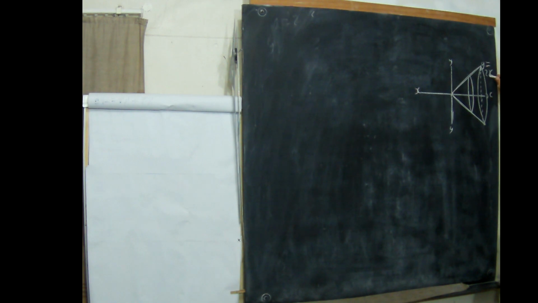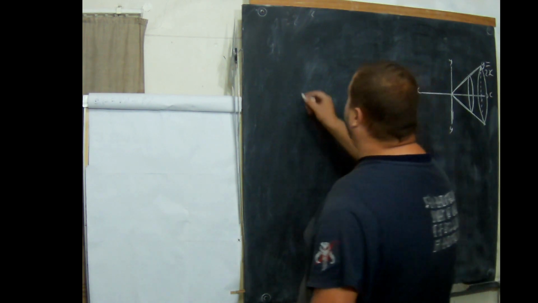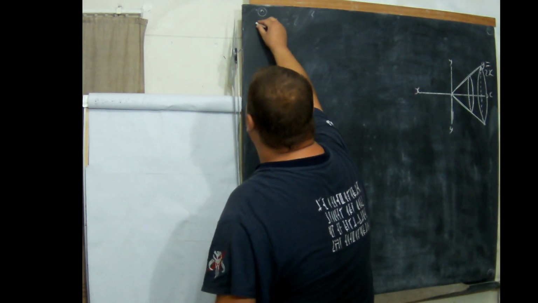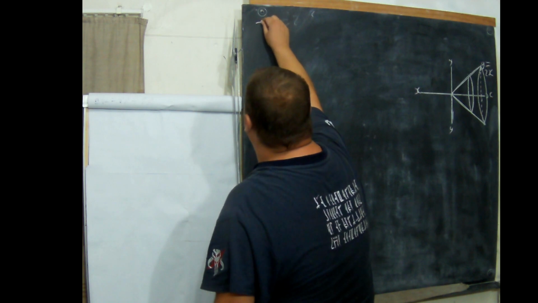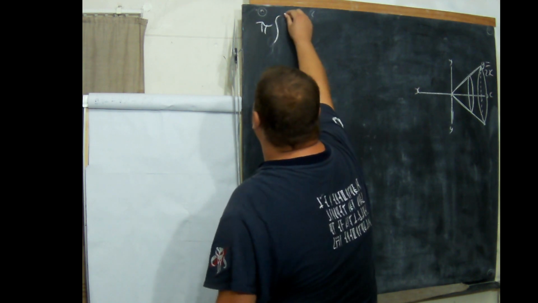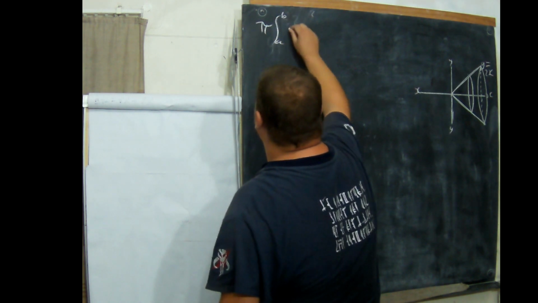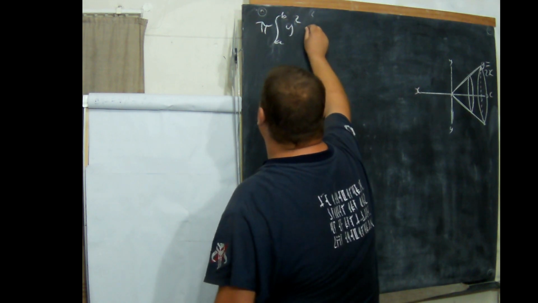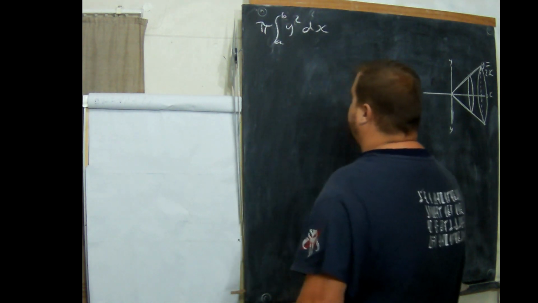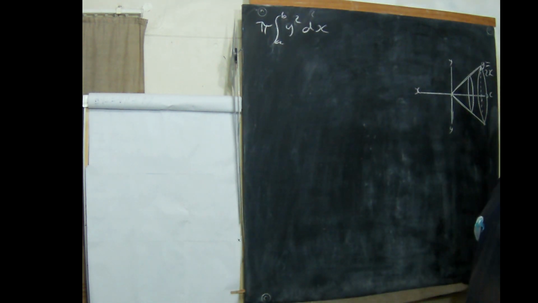You were given a formula already, which is 2x in this case. So the formula is pi, the integral of b to a, y squared dx. That is our formula that we're going to use for this particular thing.